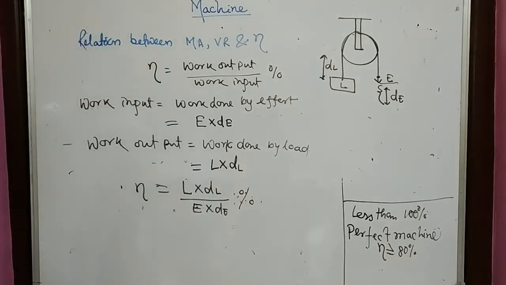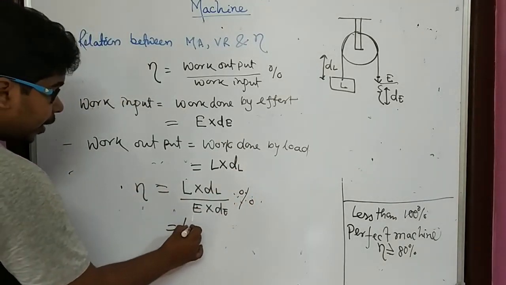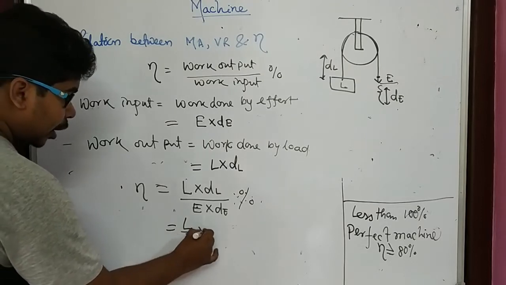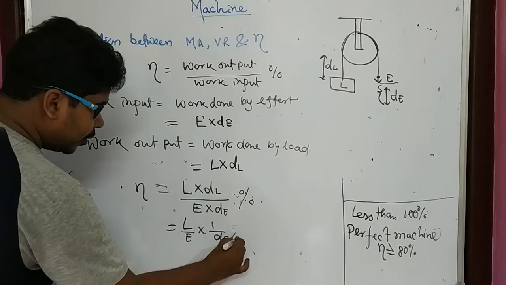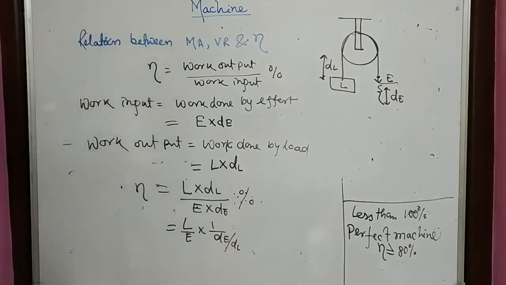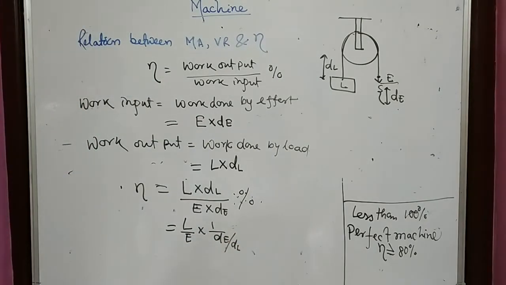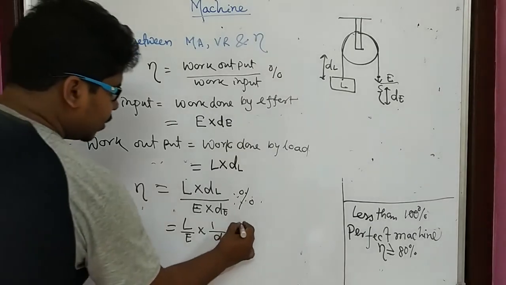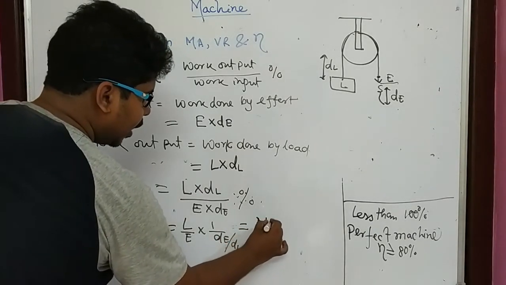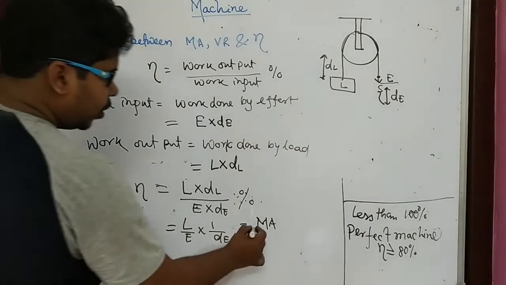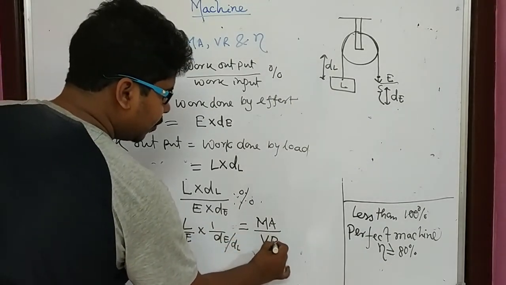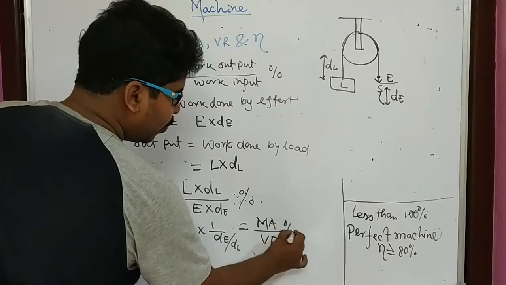This can be written as L by E into 1 by dE by dL. What is L by E? L by E is mechanical advantage. And dE by dL, we all know, is velocity ratio, and that is expressed in the form of percentage.